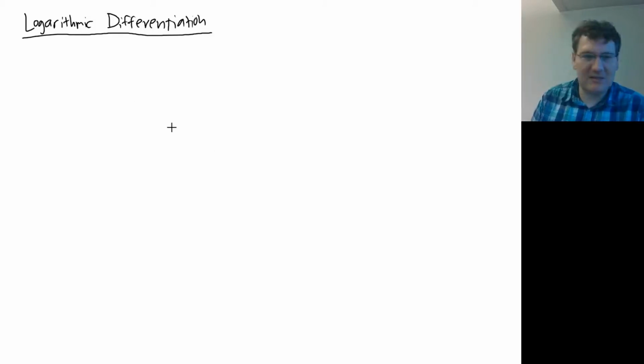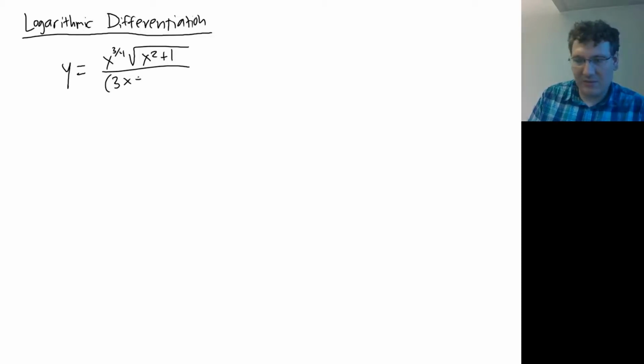Here's the idea. Let's take this example. I'll talk you through the example, and then we'll write out the steps. So let's take y equals x to the 3/4 times the square root of x squared plus 1 over 3x plus 2 to the 5th.